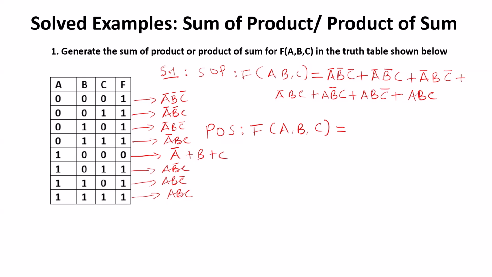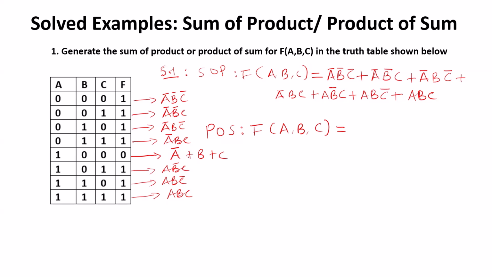The idea of product of sums is to provide a faster way of estimating the output, because instead of summing over 7 cells, we can just estimate the output using the product of sums.